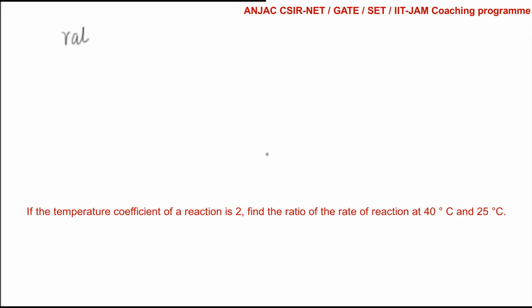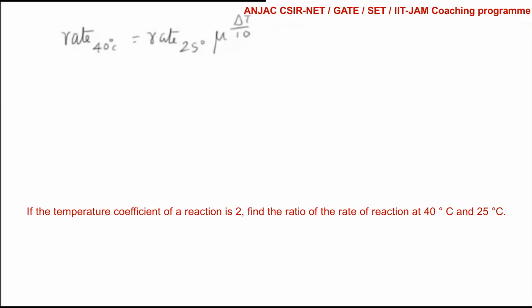What is the formula? We have the rate at the higher temperature, 40 degrees centigrade, is equal to the rate at 25 degrees centigrade into mu power delta T by K.